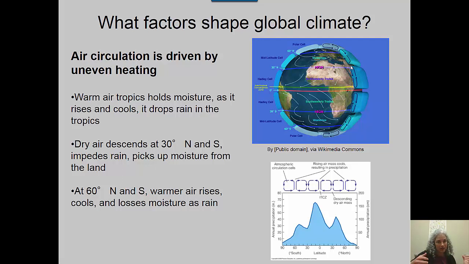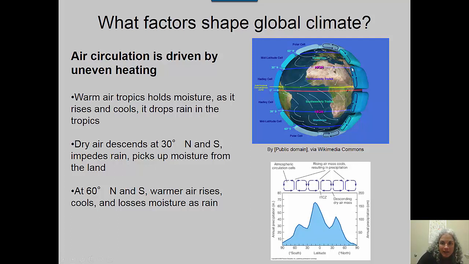In some cases, it actually picks up moisture from the land. And if we take a look at this graph down here, right around the 30s, we see relatively low amounts of annual precipitation. This is where a lot of the deserts on the planet form, like this great African desert, the Sahara.